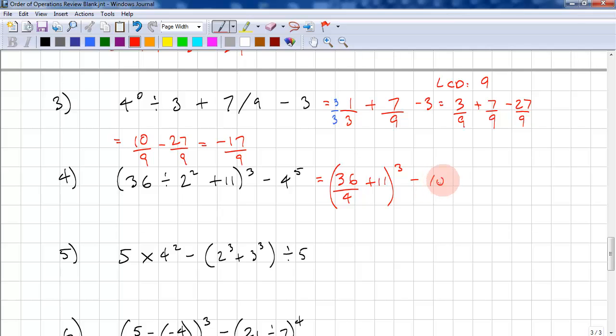This is 1024. This evaluates to 9, 36 divided by 9, and we can add the 11 as well. So this is 20. 20 cubed minus 1024. 20 cubed is just 8,000 minus 1024. And our answer is 6,976.